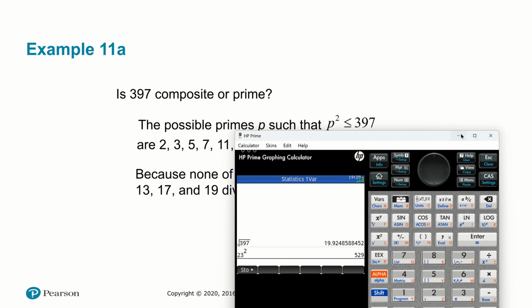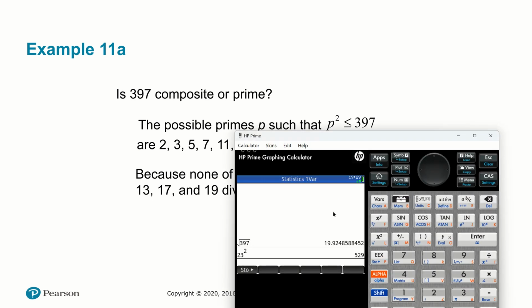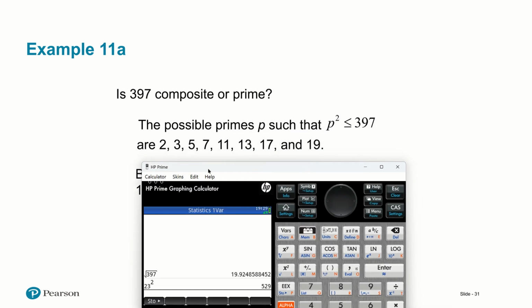So basically at this point, you know that in order to determine if 397 is prime or not, all you have to do is check divisibility by these primes. And if you check it, just sit there and divide. It's very simple. You just go, well, we know it's not going to be 2 because it's not even.